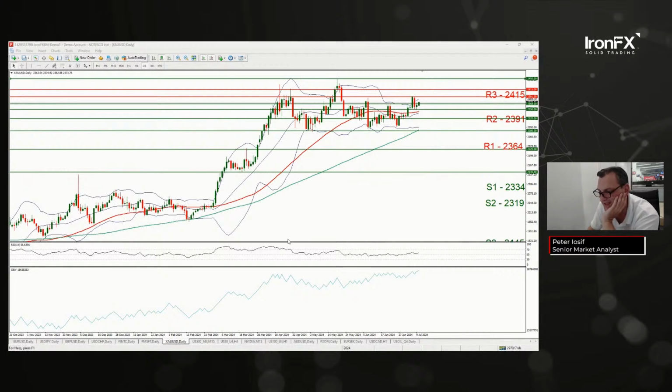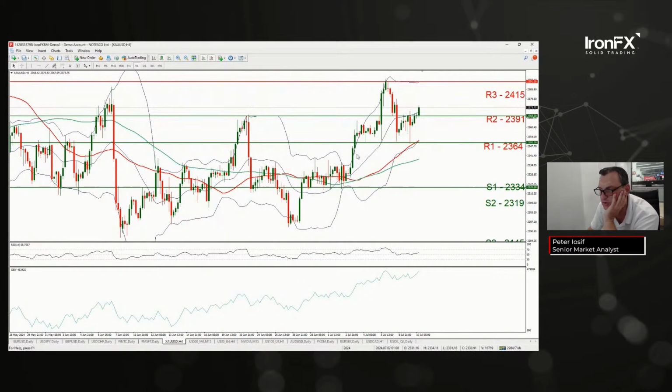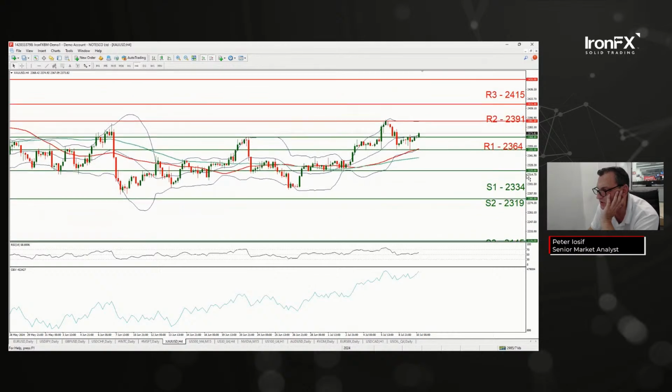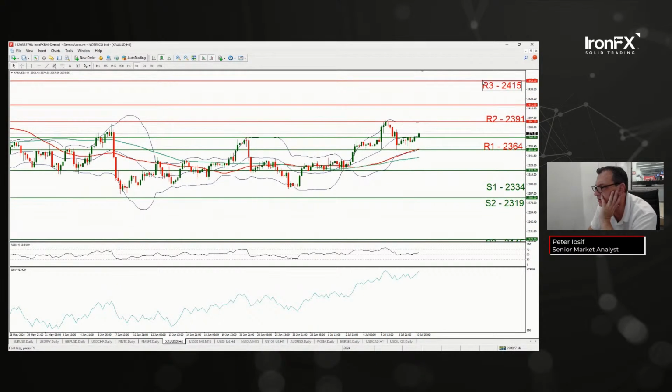It wasn't quite as much, but it's a nice round figure. Back to the forward chart. Readjusting. R3 to be set at 2450.